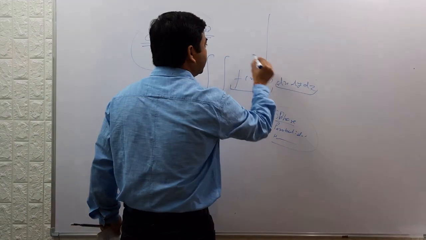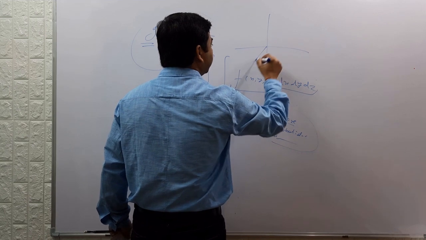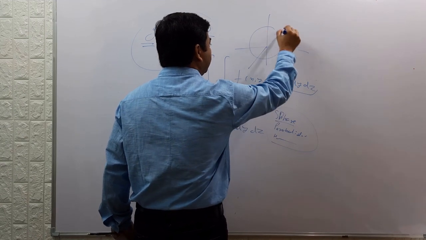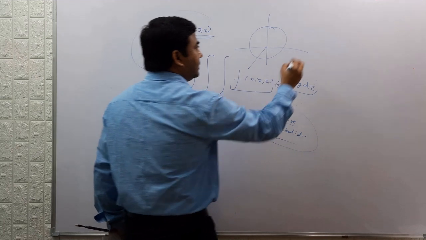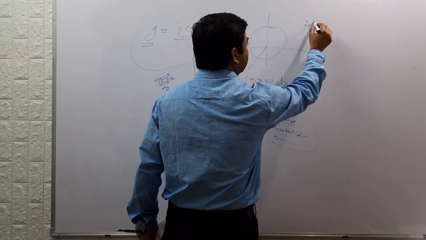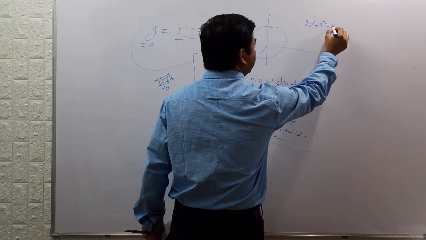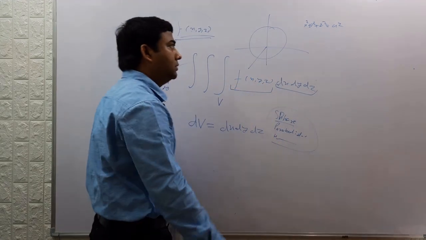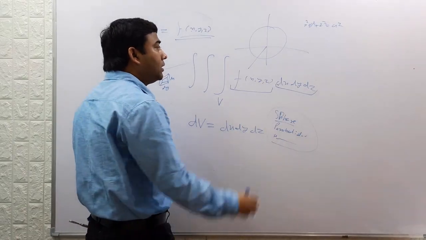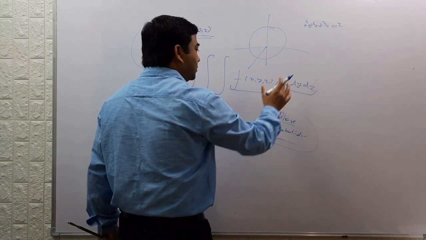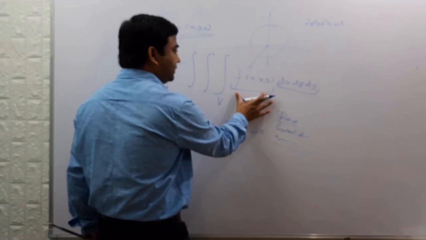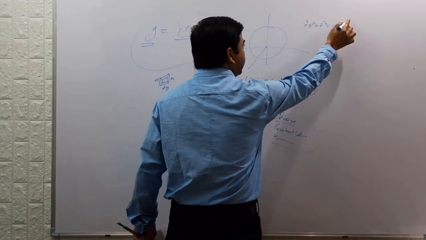Suppose this is a sphere, x square plus y square plus z square equal to a square. You have to integrate this function in this region.